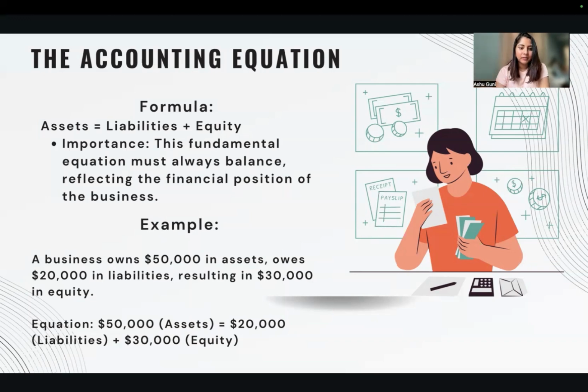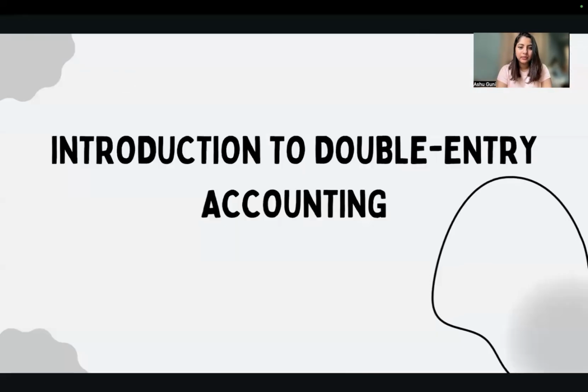I have given one example, which is just an imaginary example, where a business owns $50,000 in assets, owes $20,000 in liabilities, resulting in $30,000 in equity. So the equation goes like this, where assets equal liabilities plus equity.